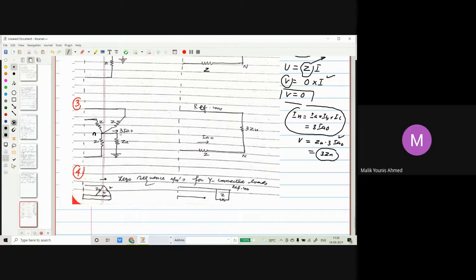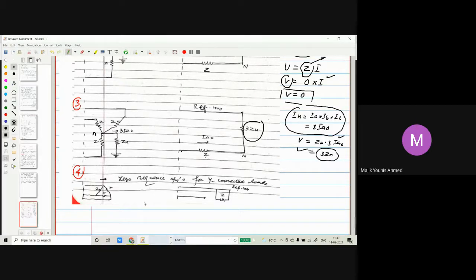Although the connection is there between ground and the neutral, and one of the phase impedances is Z, between this reference point, that is at the ground potential, and the neutral point, 3 Zn has to be added, because the value of the current in the neutral in this case will be 3 times the zero sequence component of the current. So that's why 3 times Zn has been inserted between the reference bus and the neutral point.